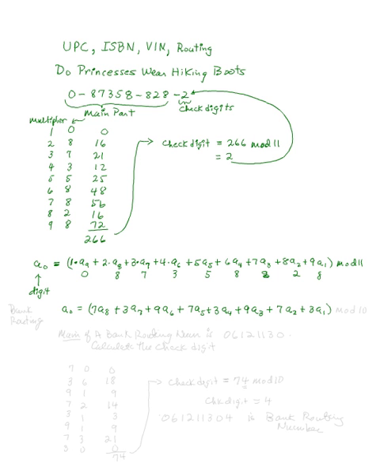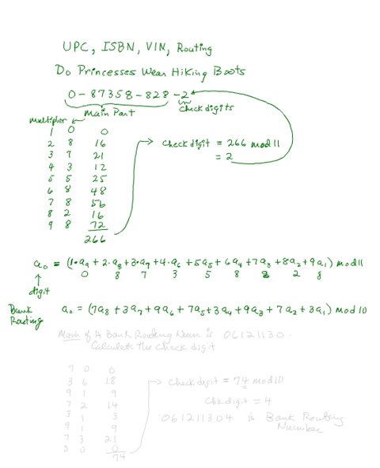So we take that whole quantity, and this time, instead of doing mod 11, they're going to do mod 10. So this is the bank routing number check digit. So that's another formula. Now again, I'll do an example.